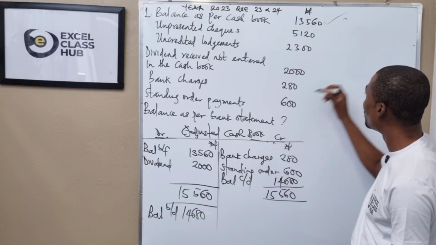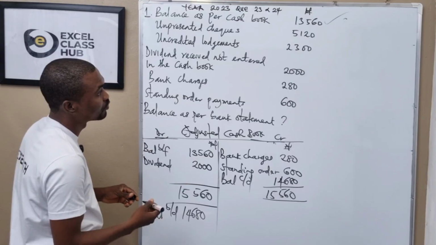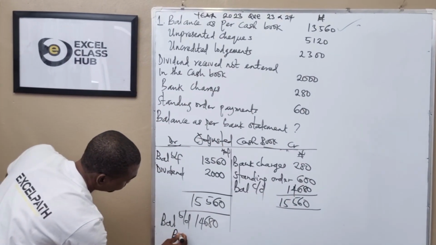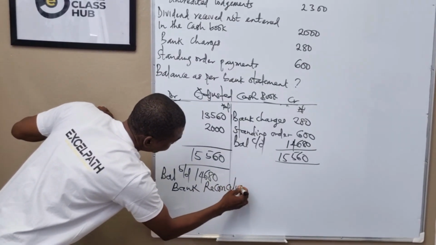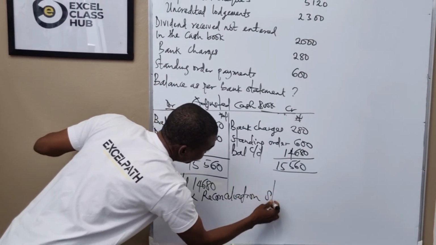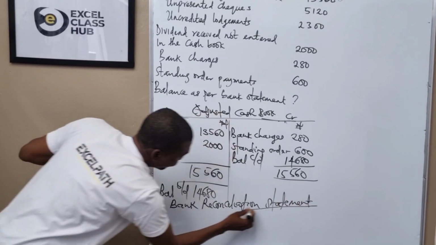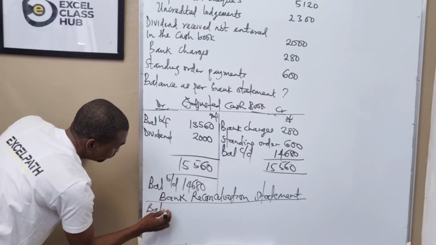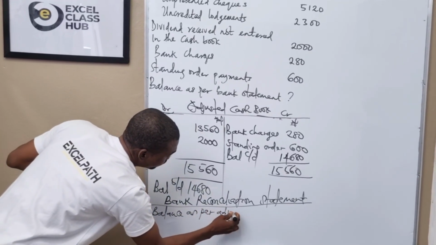Then the question we are asked to do is balance as per bank statement. After we have adjusted this, we can now prepare our bank reconciliation statement. So we have bank reconciliation statement. What you are going to have is balance as per adjusted cash book.